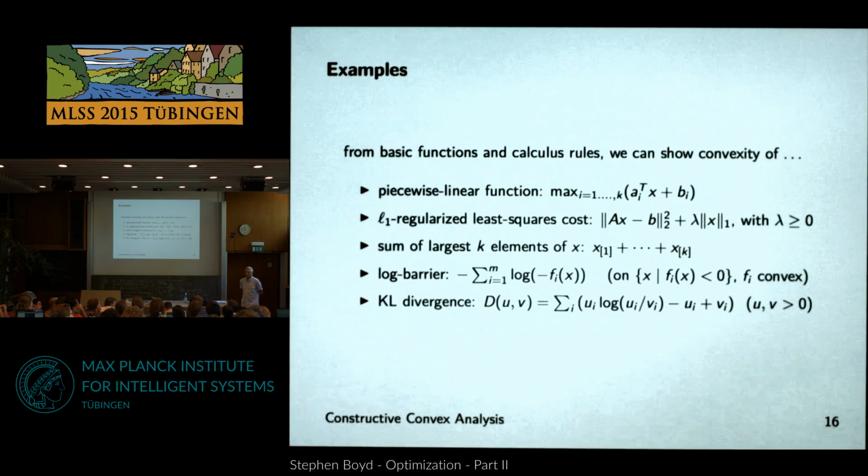You take an n vector, and you look at all n choose k vectors a which have exactly k ones and n minus k zeros. You form a transpose x. That's a linear function, and it's the sum of a particular choice of k entries in the vector. Everybody got that? Those are linear.